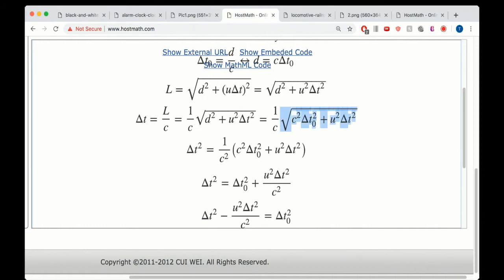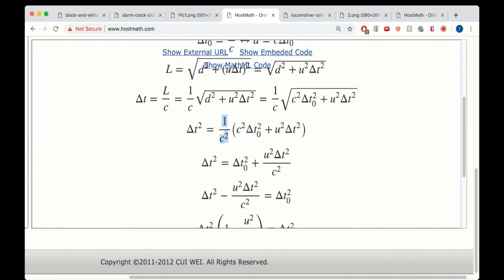We want to get rid of the square root over here, so we square both sides. This delta t becomes delta t squared. This 1 over c becomes 1 over c squared, and we have removed the square root.